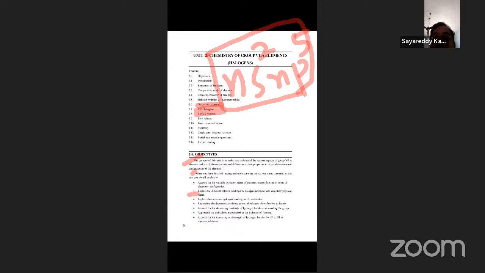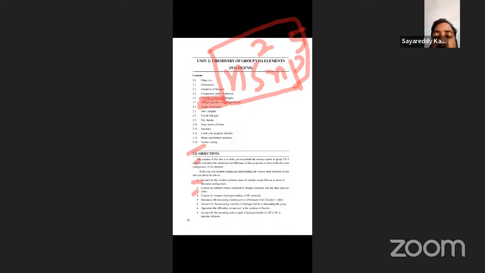Explain the extensive hydrogen bonding in the HF molecule, and rationalize the decreasing oxidizing power of halogens from fluorine to iodine. Oxidizing power decreases from top to bottom in the group.